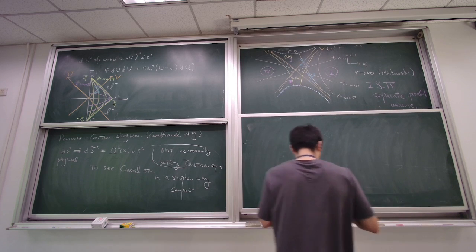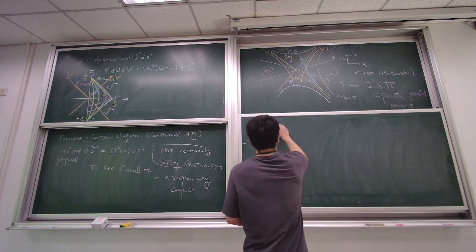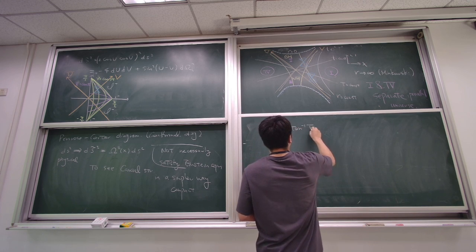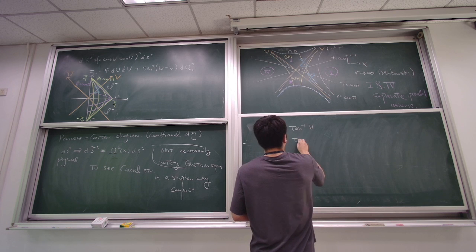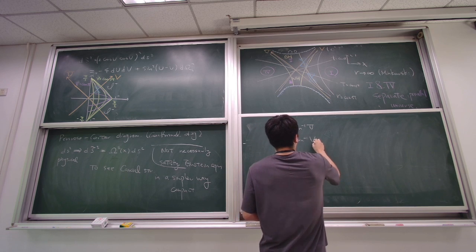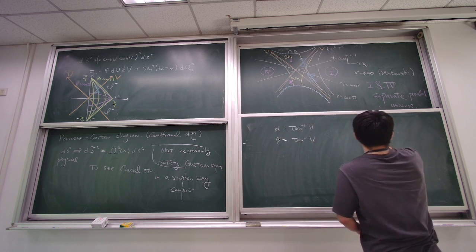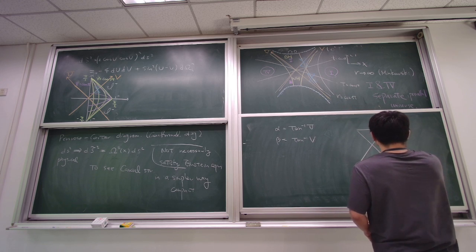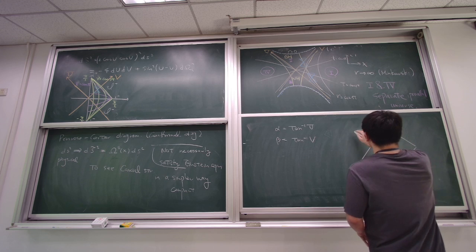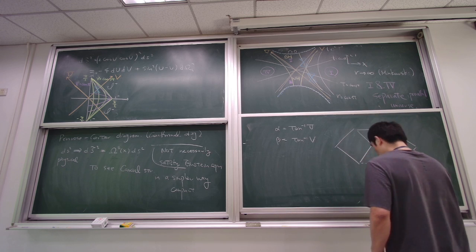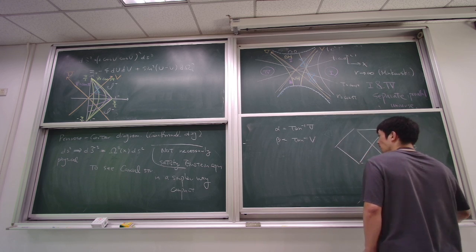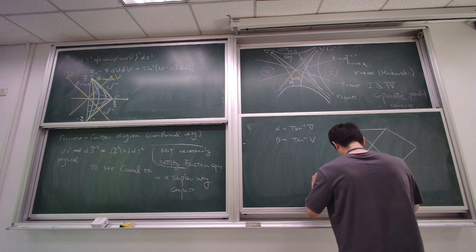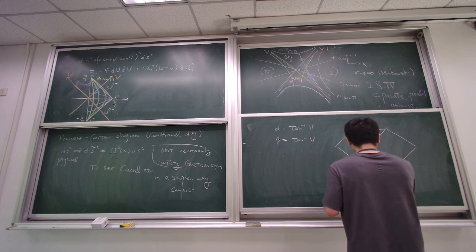So if you use alpha equal to tangent inverse of u, and beta equal to tangent inverse of v, then this diagram will look this way. And then appropriately multiplied by some conformal factor, it becomes like this.